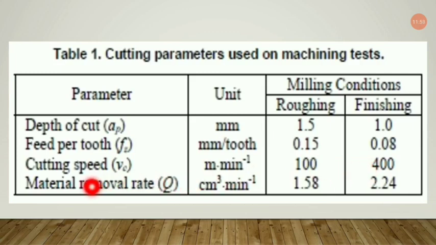Now coming to the material removal rate, that is in cubic centimeter per minute. For roughing we have 1.58, and for finishing we have 2.24 cubic centimeter per minute. This is a typical example of different cutting parameters to give you a basic idea of how it looks, what generally is the range.